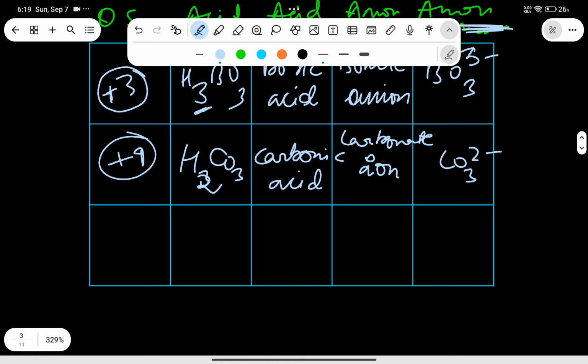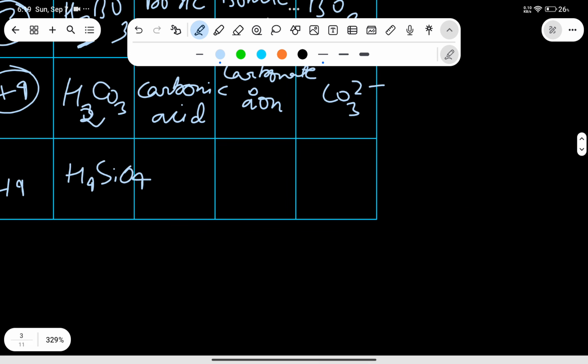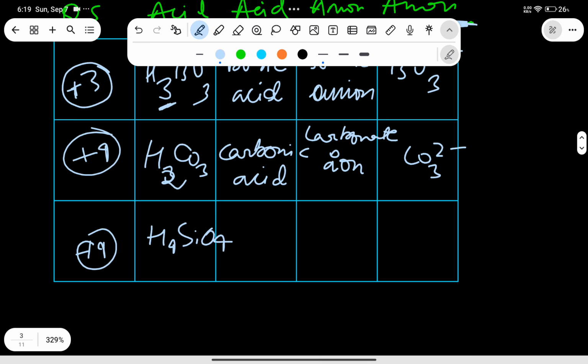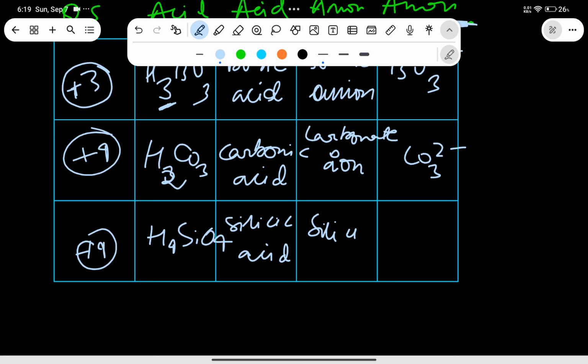Then we have H4SiO4, silicic acid. 8 minus 4 is plus 4 oxidation state, so it will be silicic acid.